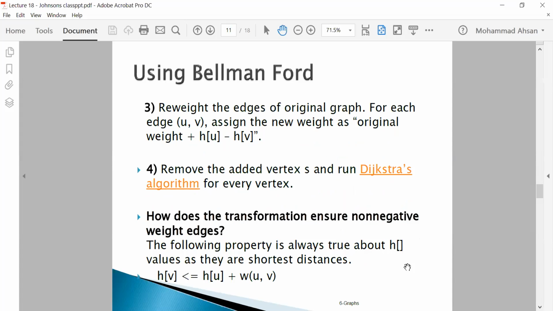Once we have those, we reassign or modify the original weights of the edges using this formula, HU minus HV plus the weight of the edge. And then you will run Dijkstra's algorithm for every vertex after removing this.